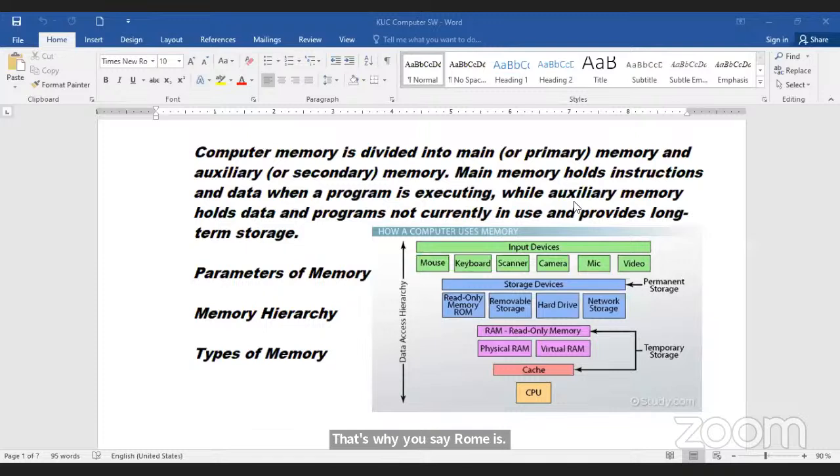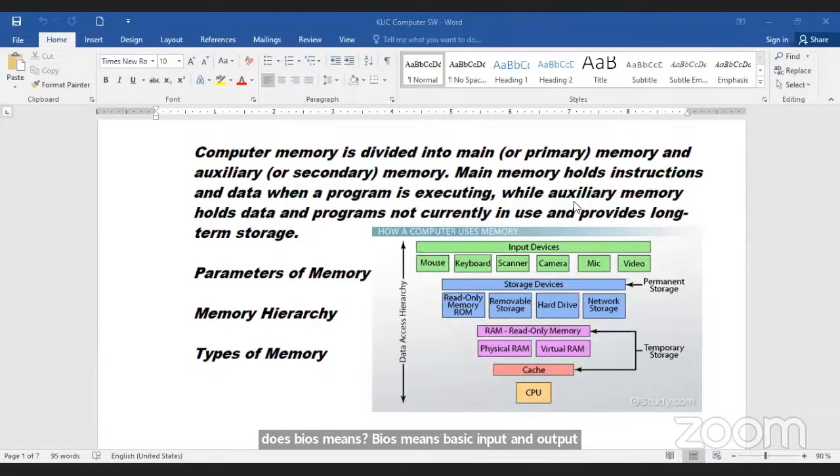We say also ROM stores instructions. This is BIOS. Hope you have a piece of paper. ROM stores instructions that are called BIOS. What does BIOS mean? BIOS means basic input and output system.